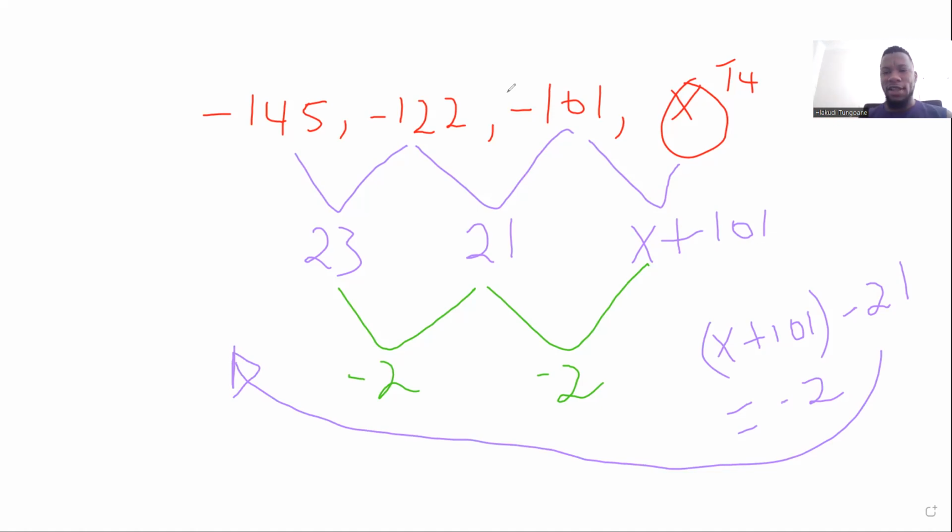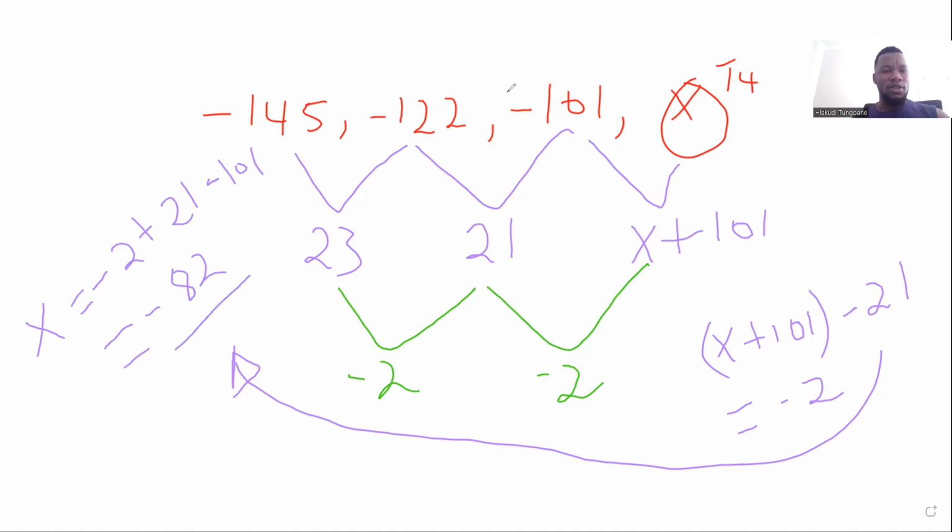You take everything to the left, so you're going to have x equals -2 plus 21, when you take it to the other side, it's going to be plus 21. And then 101 is going to be plus 101. So your x, if you just punch it in a calculator, I think it's going to give you -82.